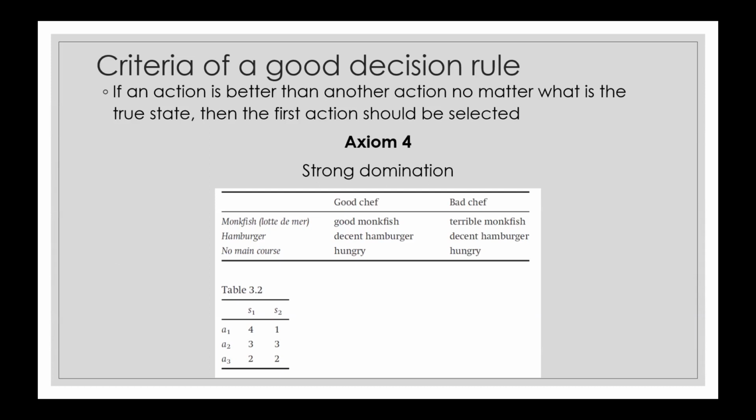It doesn't make sense that if we have two actions and one action is better across all states of nature, we select the worst between the two. So our rule should satisfy this action for strong domination.